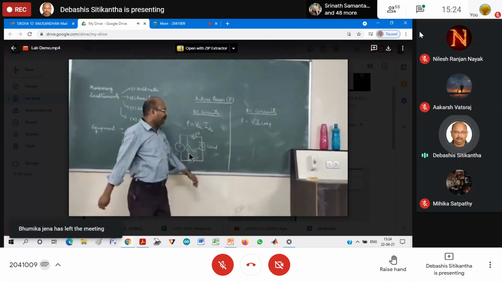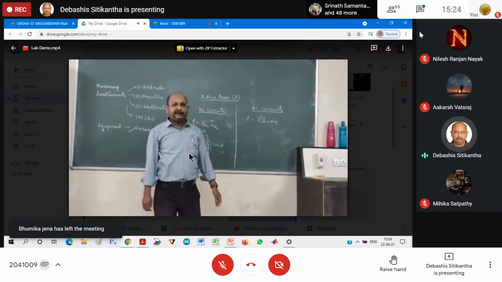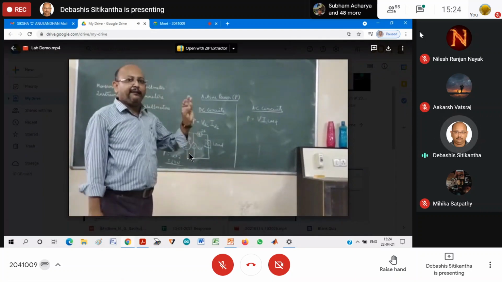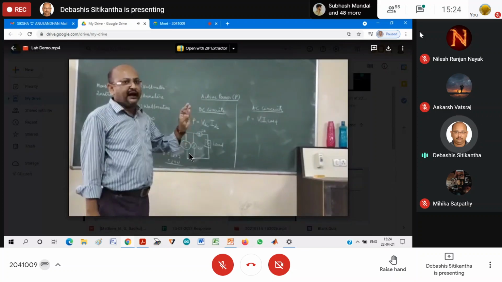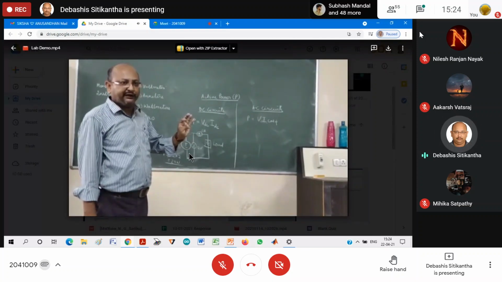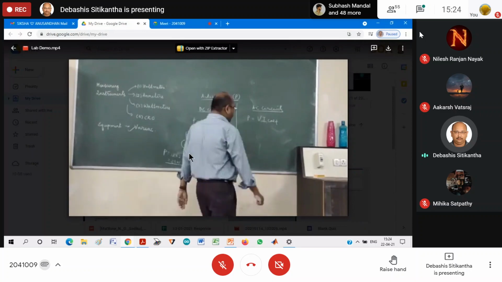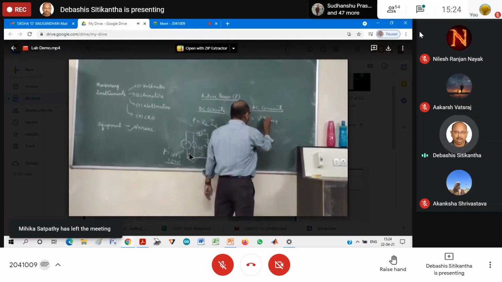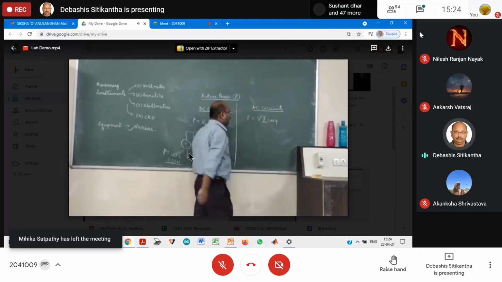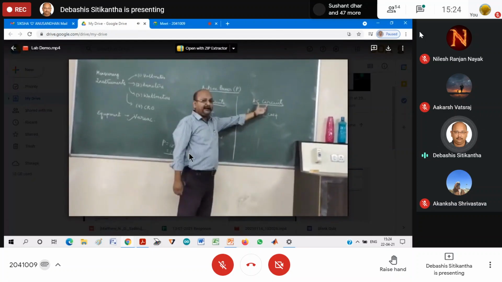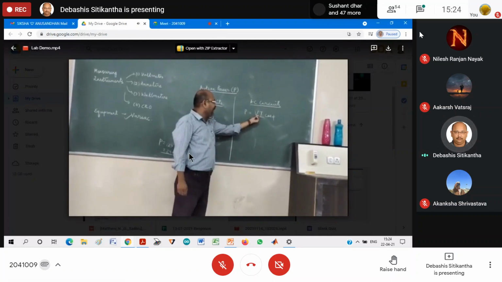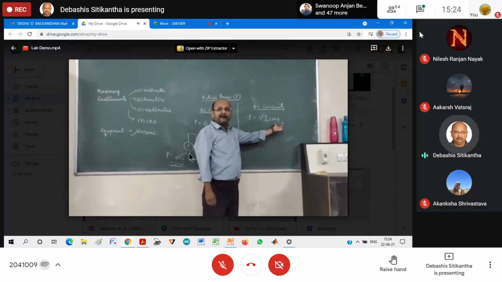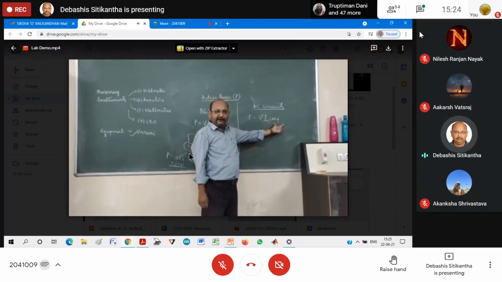Hopefully everybody knows the different voltage terminologies: instantaneous voltage, maximum or peak voltage, RMS voltage, average voltage. I am not going deep into all those parts. Simply I am telling that the active power consumed by an AC load is given by V RMS, I RMS cos phi. And this cos phi is nothing but the power factor.